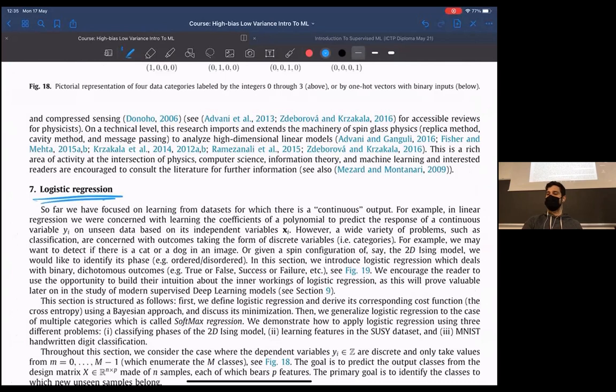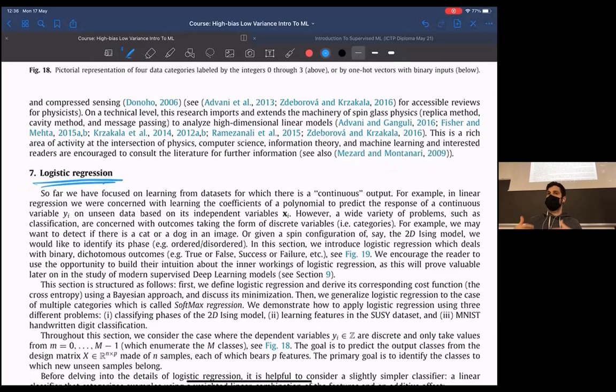Now we want to process labels which are discrete, 0, 1, dogs, cats, whatever, categories. And actually, this will introduce the baby neural network, which is called logistic regression, or connected to the perceptron. It will introduce the perceptron.